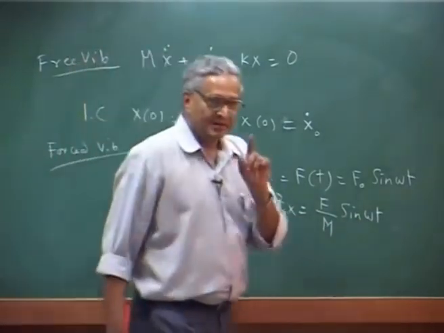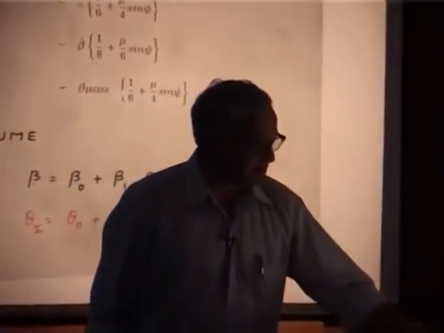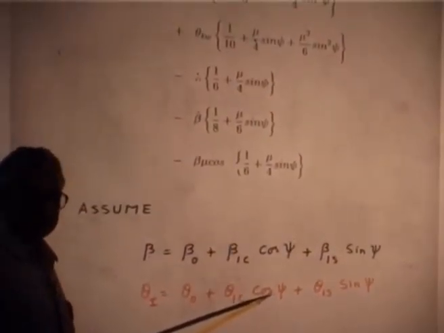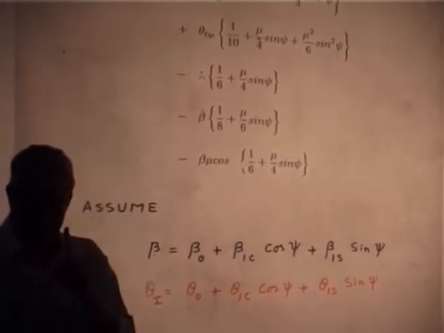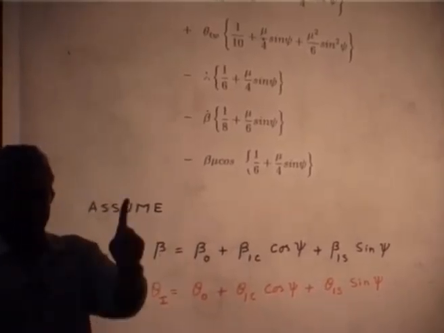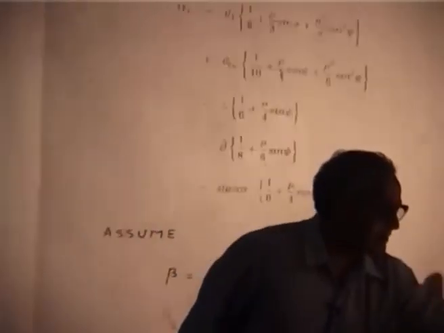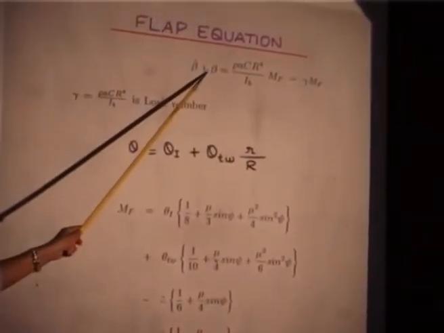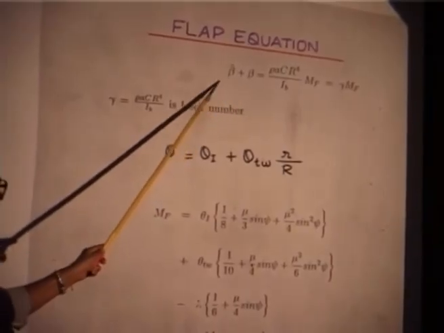Okay. In this problem, what we are analyzing is that your input is psi, which is 1 per rev, because the variation is 1 in a revolution, and you see this is also 1, because of the second derivative.